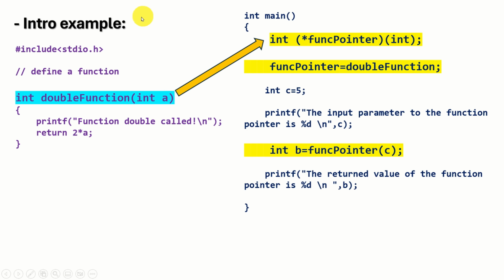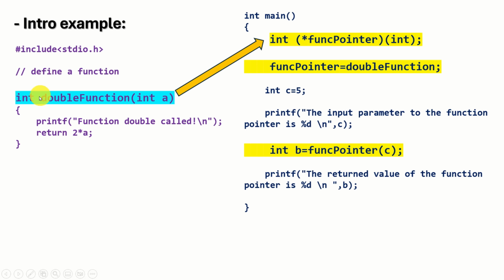So let's start with an introductory example in order to explain how to use function pointers. Later on, we will compile and run this example. What's the purpose and motivation for presenting this example? This example will teach you how to write a minimal C code that will define a function pointer and use a function pointer.